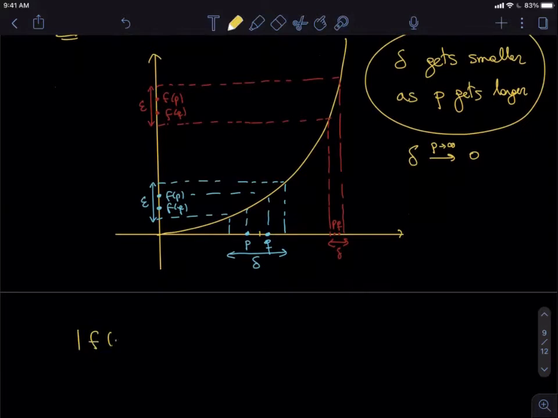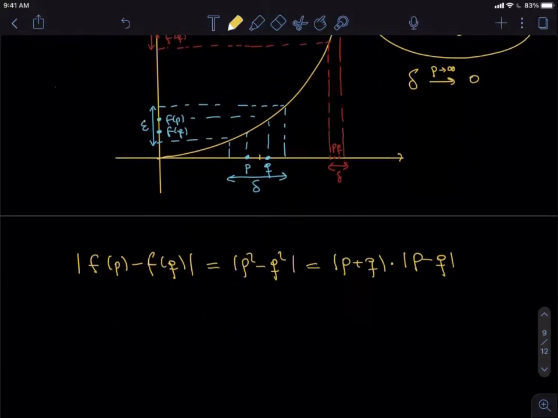So here what we do is f of p minus f of q. This is p squared minus q squared, which is p plus q times absolute value of p minus q. Okay, and here notice what we want to do here is to estimate this part by epsilon, right?